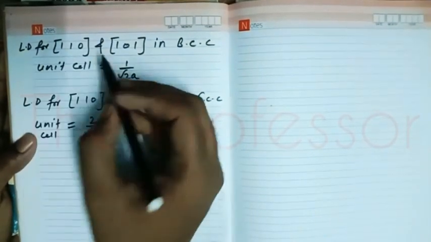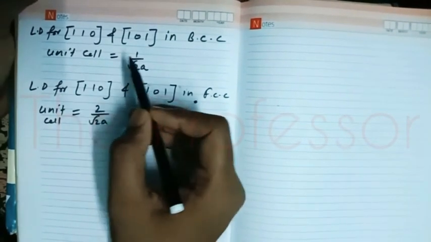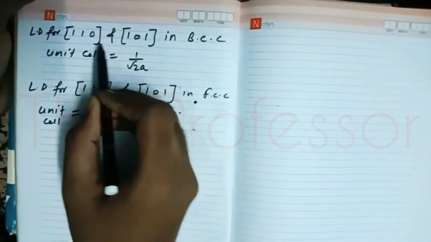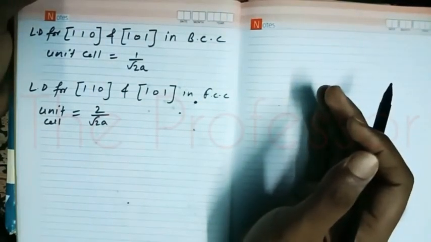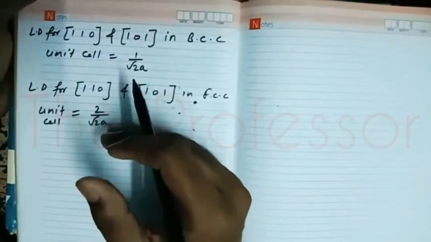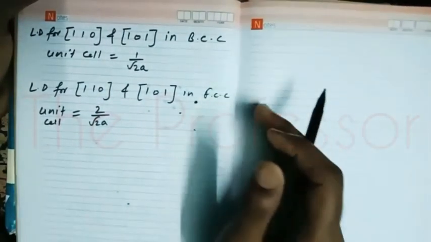So you see that even when you are changing the direction vector, you are changing the point, you are getting the same linear density for two different direction vectors. So you can have the same linear density for two different direction vectors, right?